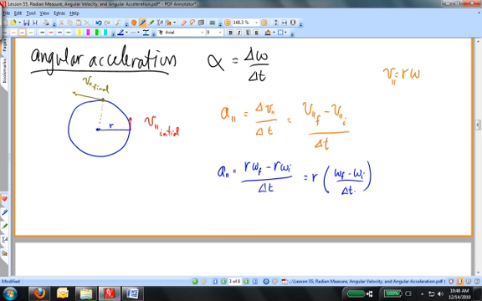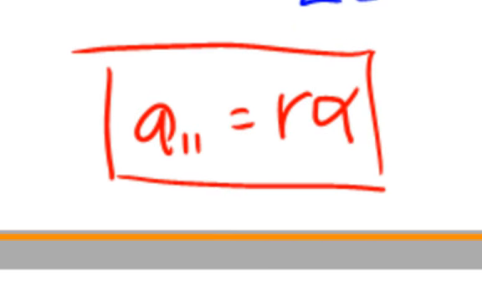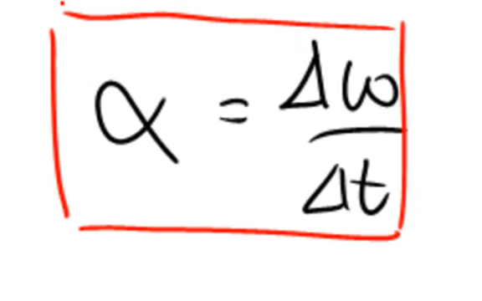But the change in the angular velocity over delta t is what alpha is. So here is the final relationship. The tangential acceleration is equal to r times the angular acceleration. And that is a very important relationship. That, along with the definition of angular acceleration, delta omega over delta t.